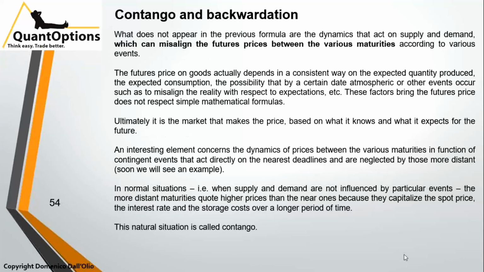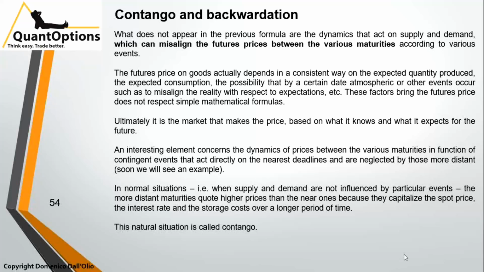What does not appear in the previous formula are the dynamics that act on supply and demand, which can misalign the futures price between the various maturities according to various events. The futures price on goods actually depends in a consistent way on the expected quantity produced, the expected consumption, and the possibility that by a certain date, atmospheric or other events occur such as to misalign the reality with respect to expectations, and the like.